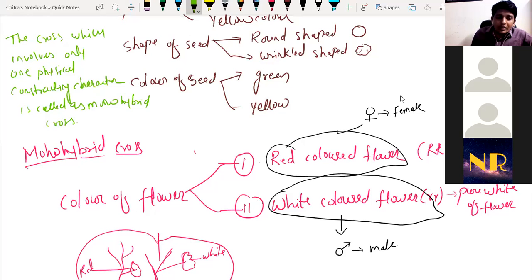We have taken only one contrasting character, which is the color of the flower.